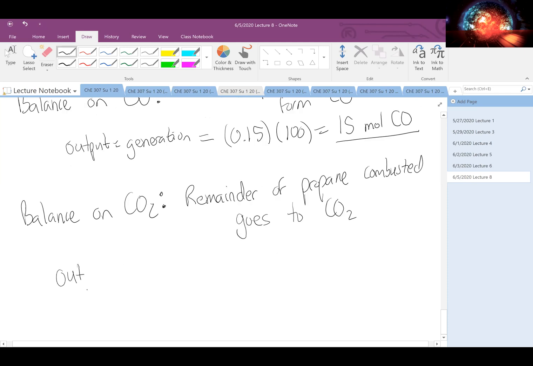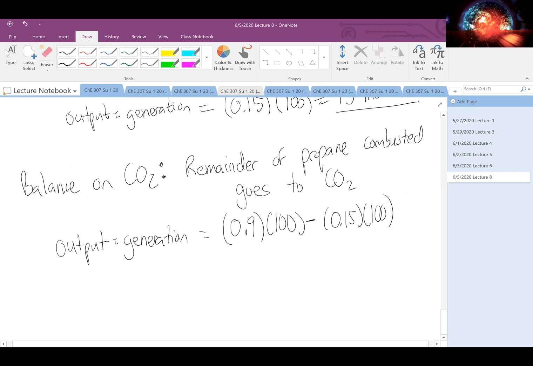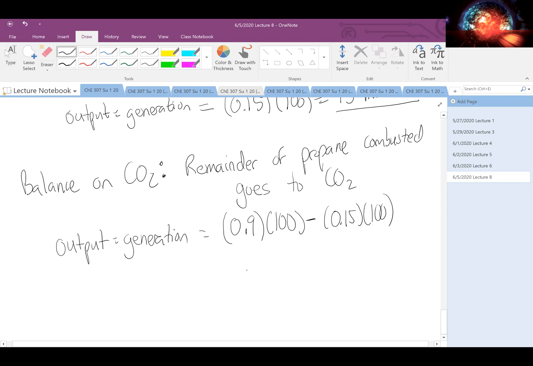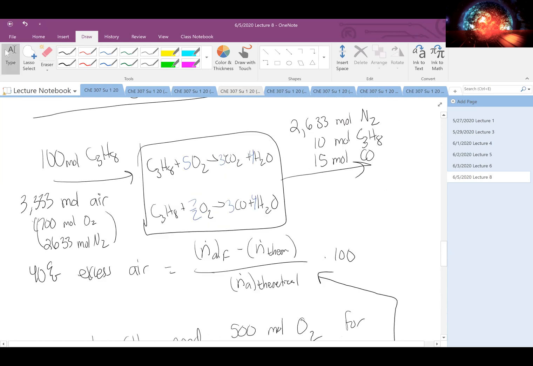Same balance, output equals generation, which equals 0.9 times 100 minus 0.15 times 100. That was the complete conversion minus that which went to CO, or 90 minus 15, which should be 75 moles of CO2. So now I can put 75 moles of CO2.